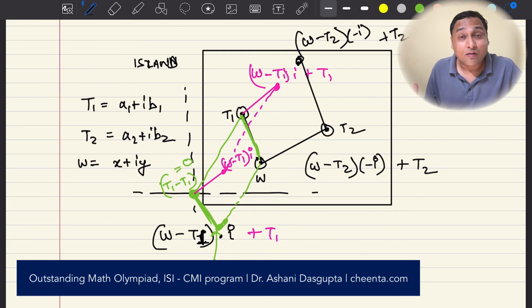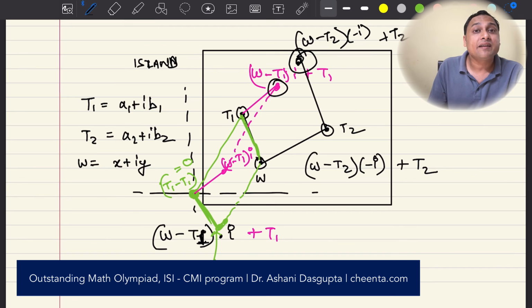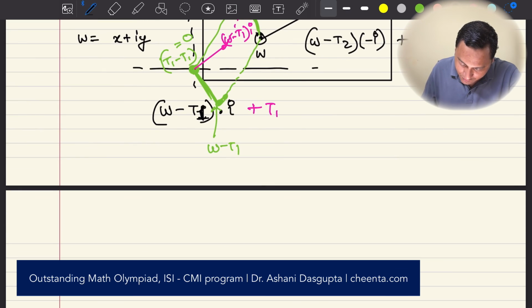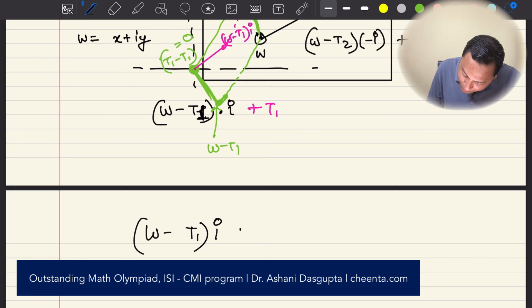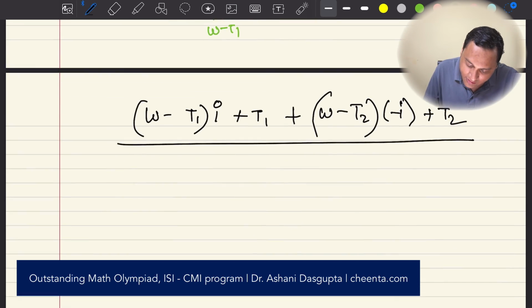So what do you do now? Well, you want to find the midpoint of these 2 points. What do you do to find the midpoint? You add and divide by 2. So that's what we do. W minus T1 times i plus T1 plus W minus T2 times minus i plus T2, divided by 2.